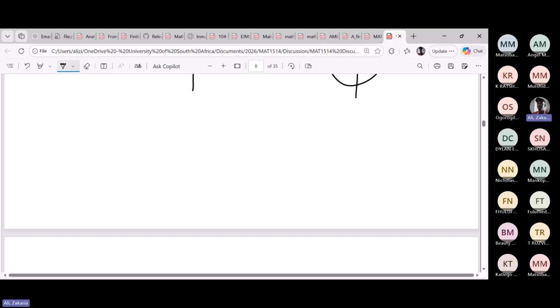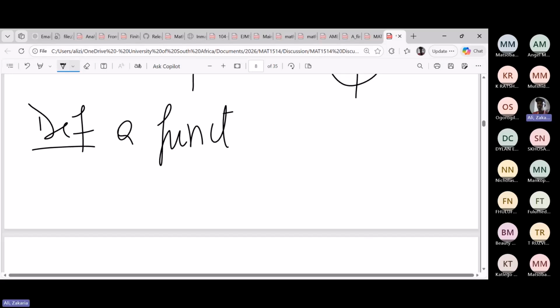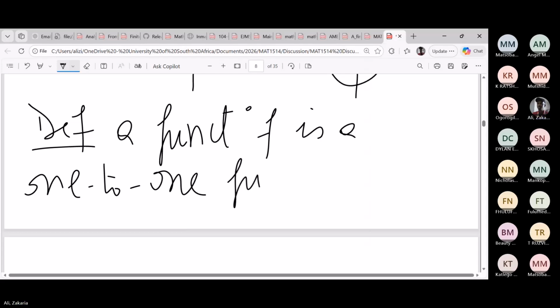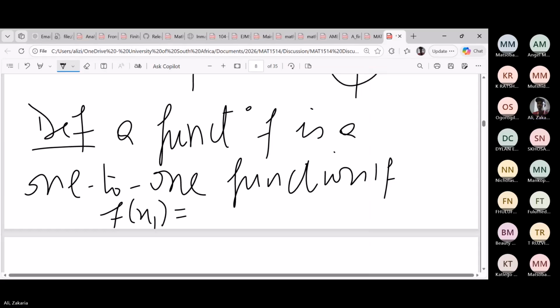Now, a function f is a one-to-one function if f of x1 equal to f of x2 implies that x1 equal to x2.